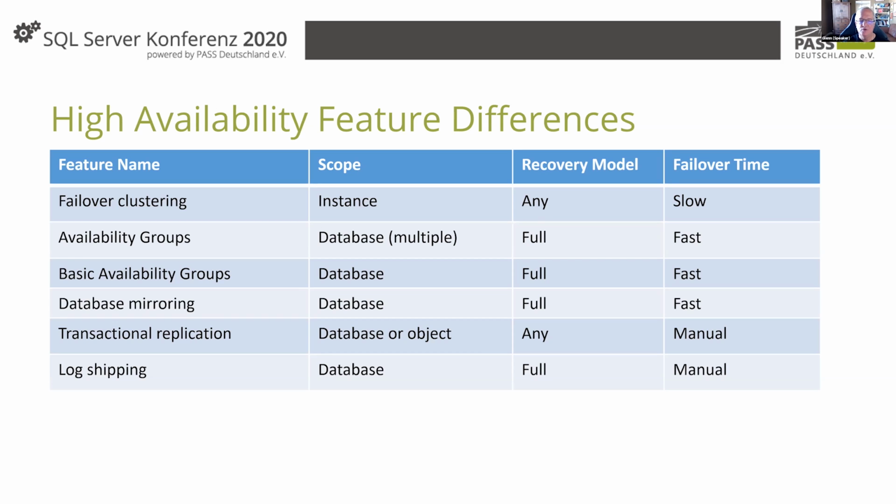So if you don't want to use failover clustering because you don't want to use shared storage, you could use transactional replication instead. And then you could use whatever recovery model you wanted to for your databases. And then you don't get automatic failover with transactional replication or log shipping. So this chart is a fairly easy reference to the major differences between these different features.